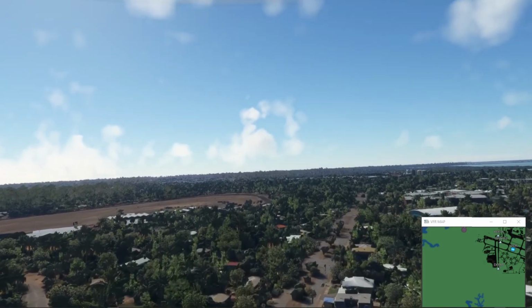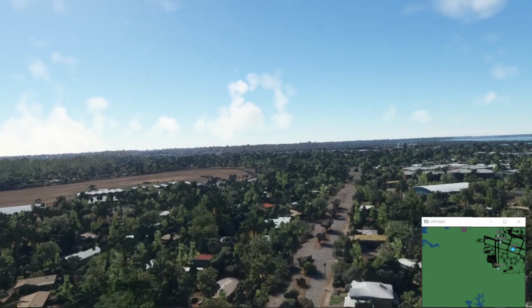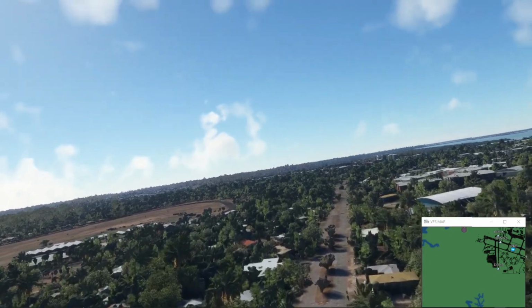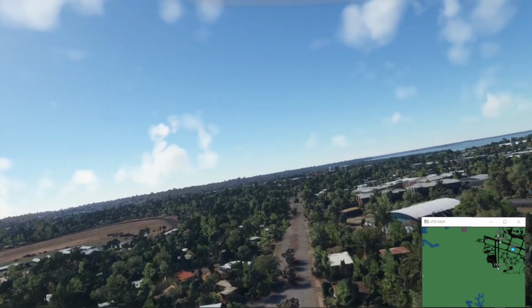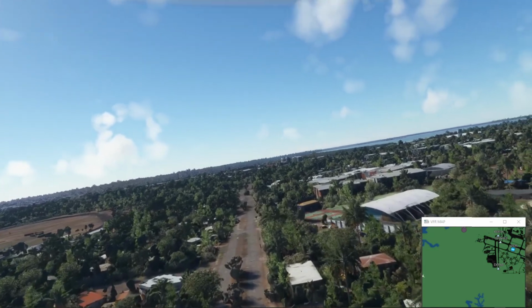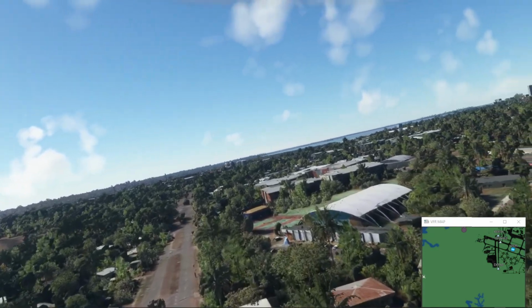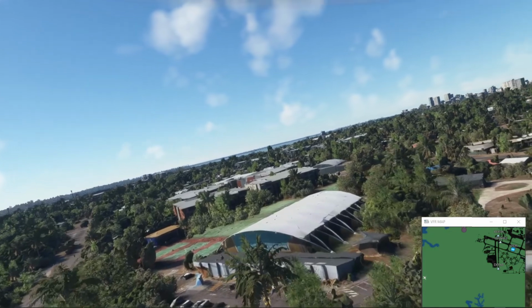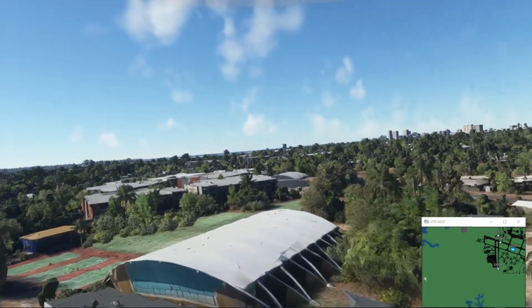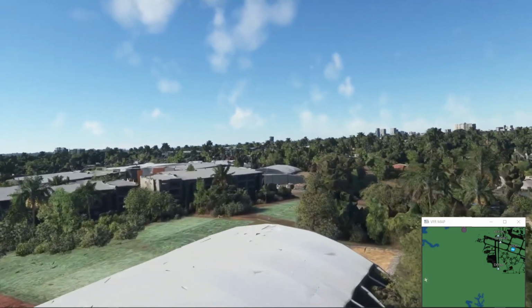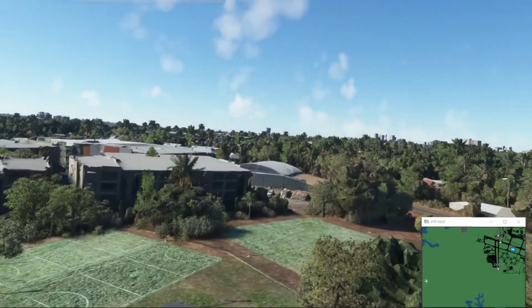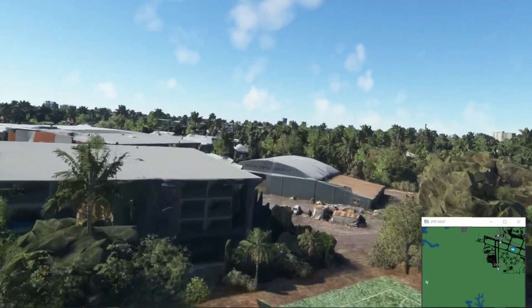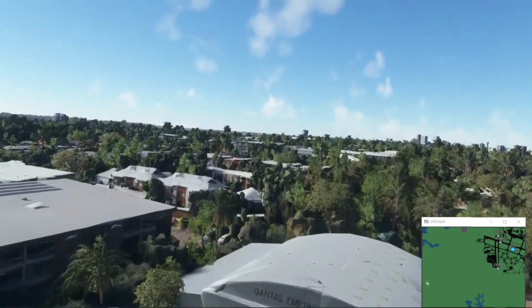Below is Ross Smith Avenue, mentioned in the last episode. Ahead past the swimming pool, you will see the original 1922 Qantas hangar. I recommend reading the history of it as it's very interesting.